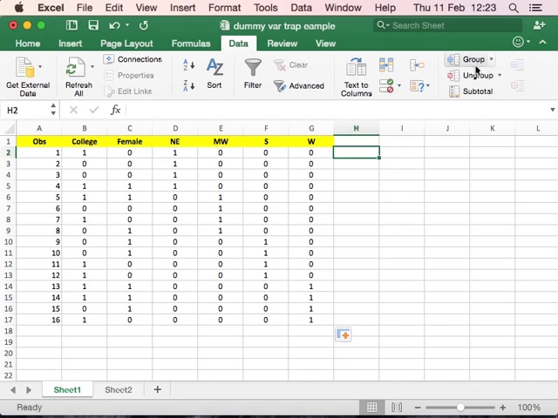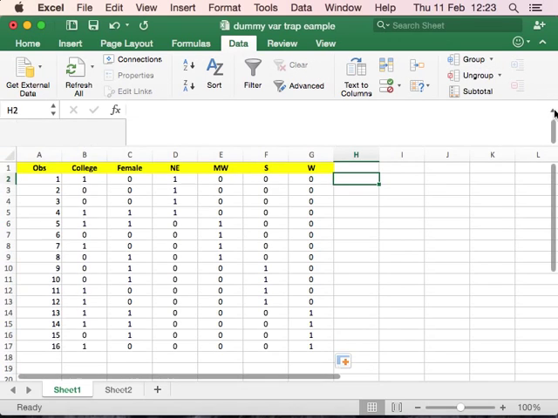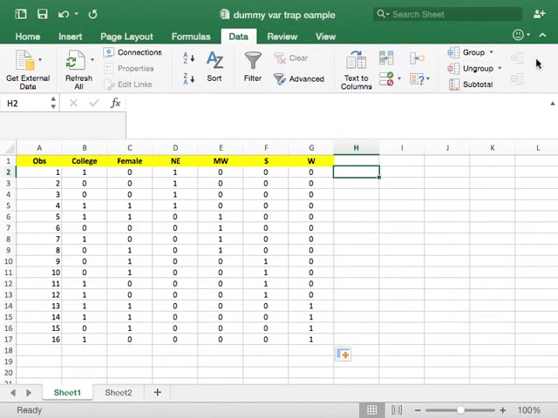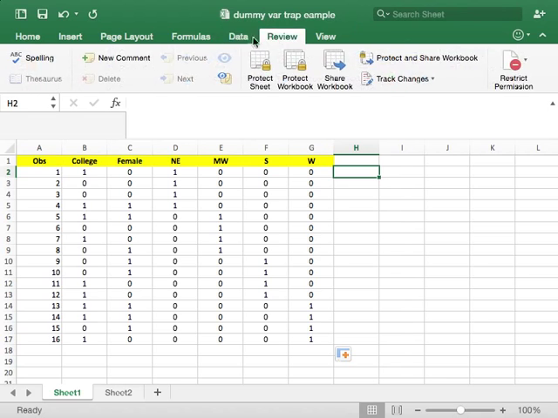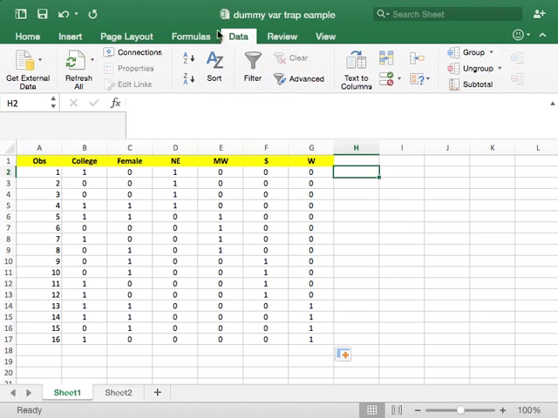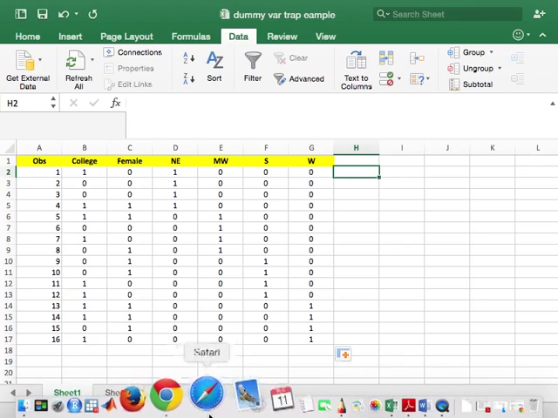Data. Where is my thing? Data analysis. For some reason, my data analysis is hidden here. I don't have the data analysis in this for some reason. Right. If you run this regression in eViews, you will get this error. Let me save it. Okay, I saved it, didn't I?